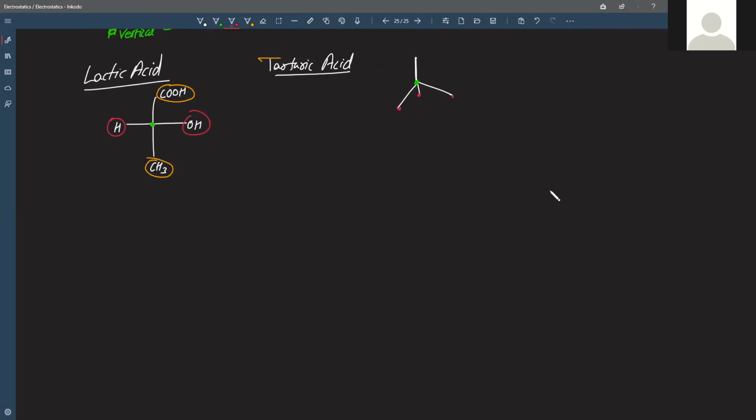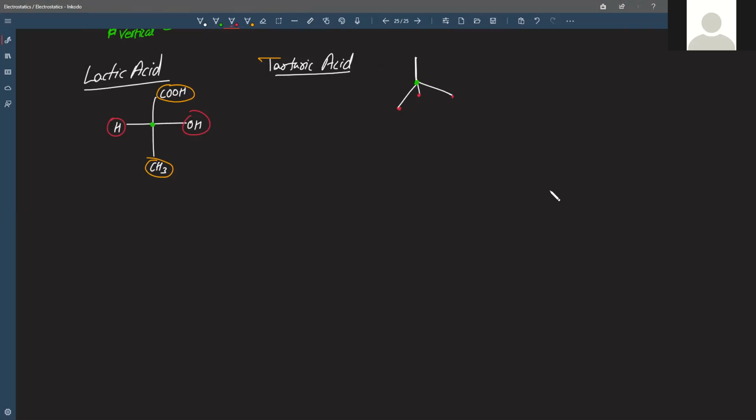Now you cannot say that H and OH are on the top, because if you see from the left hand side, H is on top and OH is at the back, right? So the orientation of this also depends on from where you are observing it.